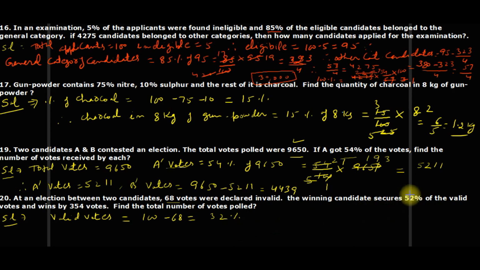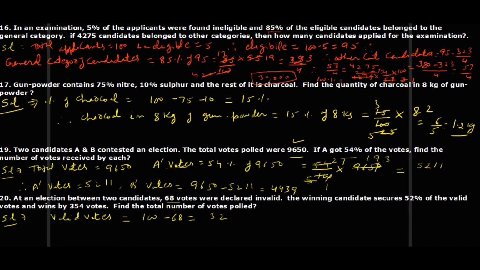Now difference between the winning and the losing candidate is of 52% got winning and we would do this like this.